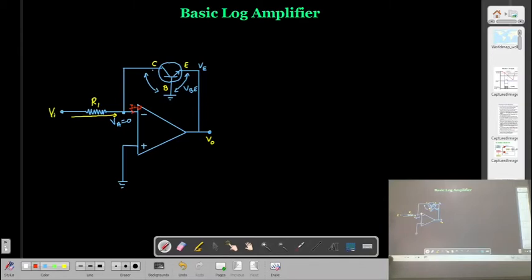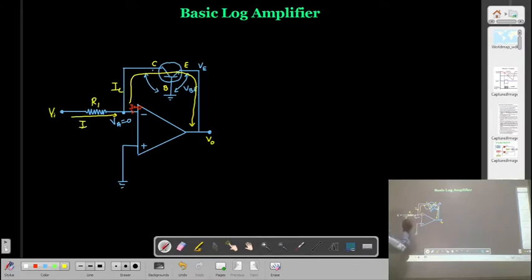So whatever current flows will pass through the transistor and appear at the output. It means the current flowing in the transistor is nothing but your collector current, or you can say it is your emitter current. So this current is your collector current.